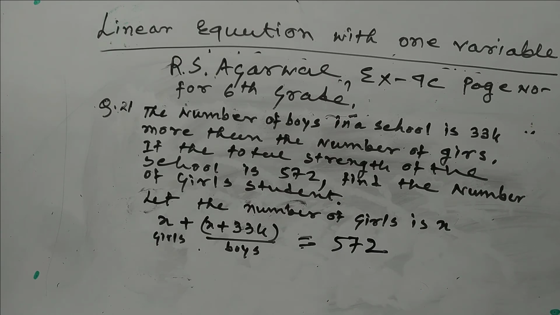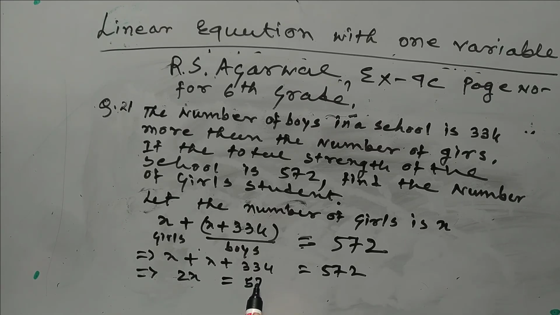Okay, so x plus x plus 334 equals 572, that is 2x equals 572. I am transposing minus 334.